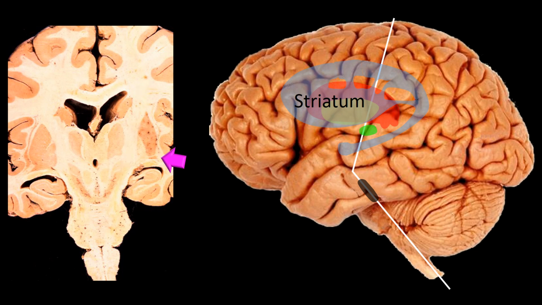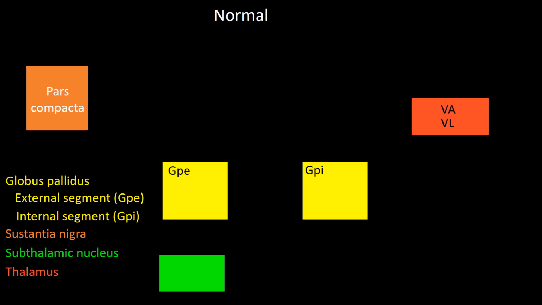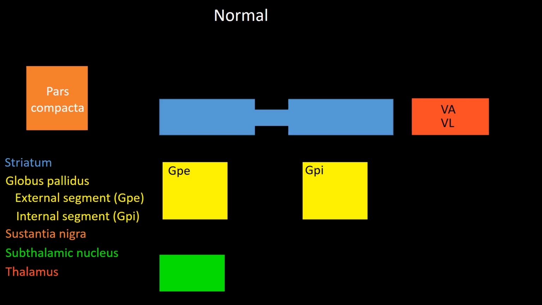The little dark structure I am pointing to in the cut specimen with a triangular shape corresponds to the tail of the caudate nucleus. So to the basic figure we will add the striatum with an odd shape reflecting the shape of the real structure.